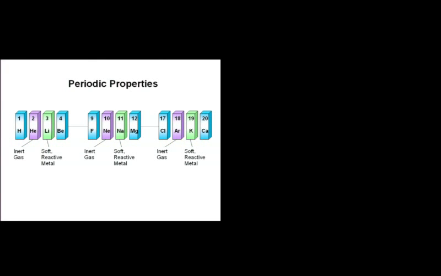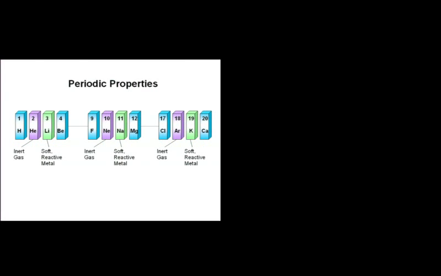And next to it is another soft reactive metal. And we keep looking at properties, and we're like, what, again? Another inert gas next to a soft reactive metal? Wow! The properties are periodically repeating, aren't they? Do we see how they periodically repeat? So hence the name periodic table.